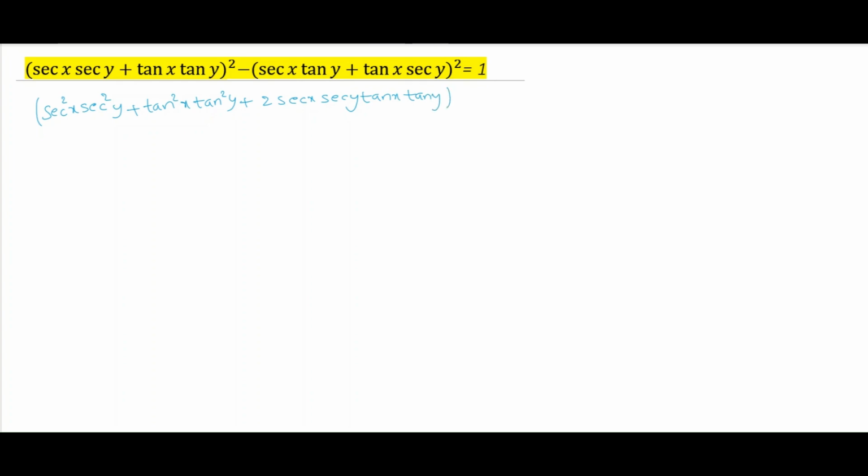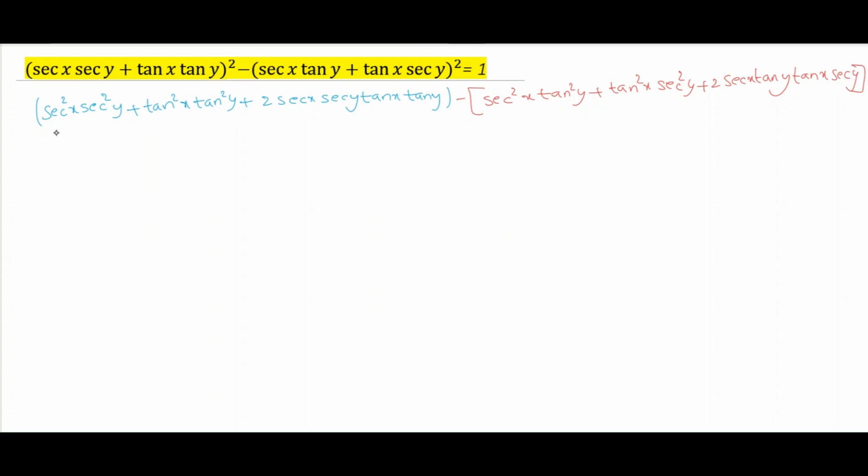And the second term also we will expand. This is minus of, again, secant square x tan square y plus tan square x secant square y plus 2 secant x tan y tan x secant y.